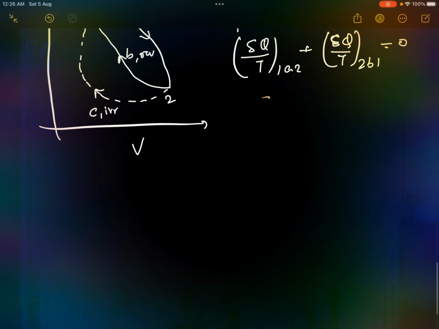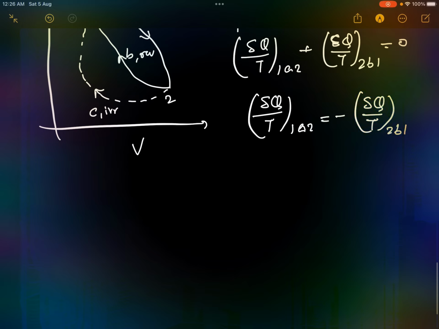I can say that del Q upon T for 1A2 is equal to minus del Q upon T for 2B1. Let's say this is equation 1.